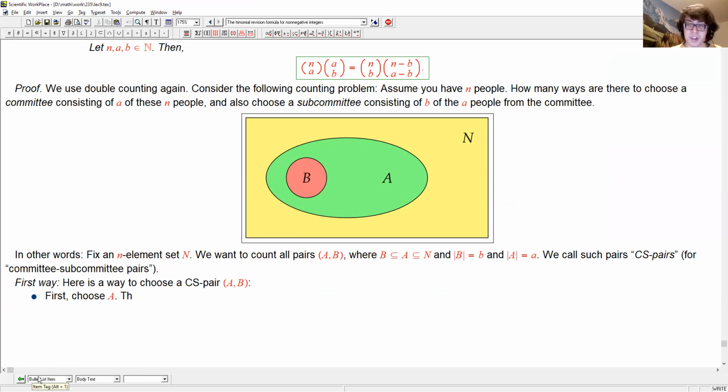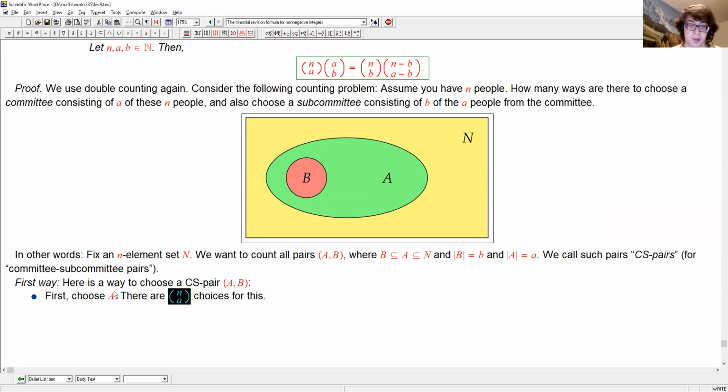This can be done in n choose a ways, because N has n elements and A should have a elements. The way I've labeled the sets, the size of every capital letter should be the corresponding lowercase letter.